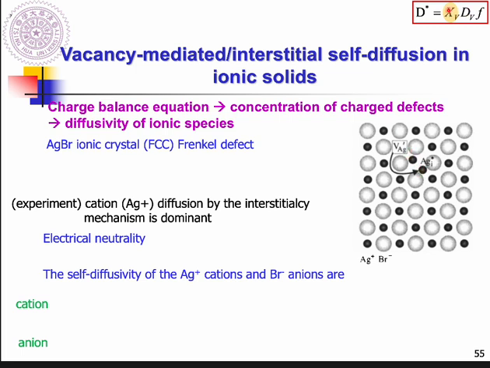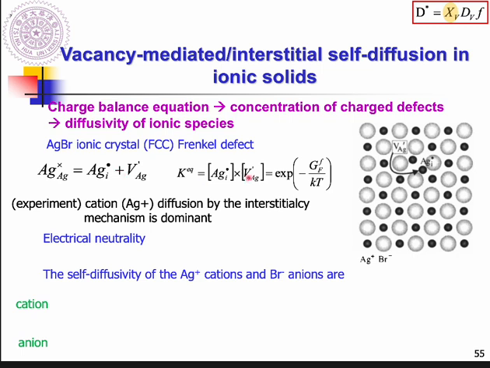Under this situation, the same idea, I need to know the fraction of vacancy at the silver site and the jump frequency for silver. Usually silver will be easy to jump into a vacancy at the silver site, right? But not only silver, I also want to know the bromide. So this will be the story. First thing I need to know is the vacancy fraction X_V at the silver site. Based on the Frenkel defect, silver at the silver site with neutral charge generates the Frenkel defect: silver at the self-interstitial site with one positive charge, and a vacancy at the silver site with one negative charge.